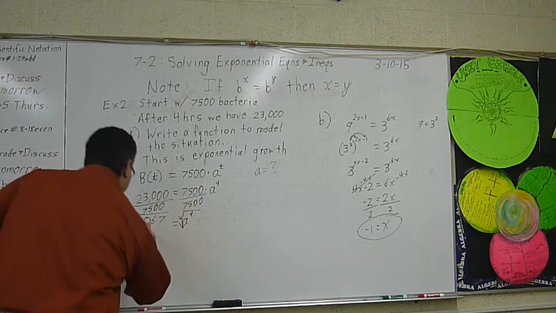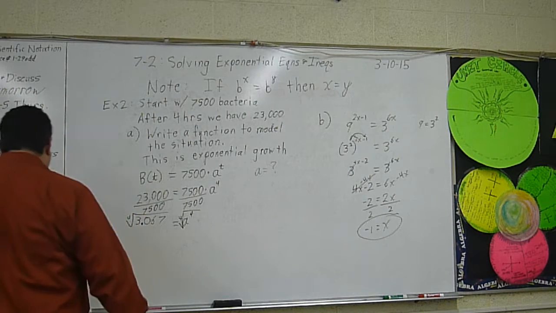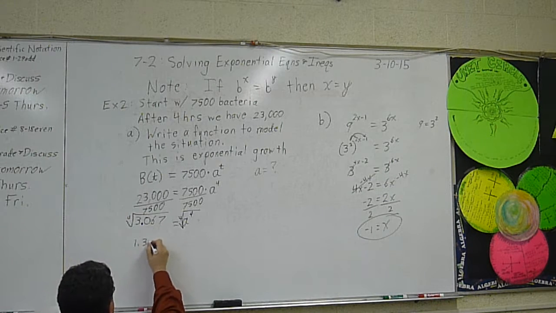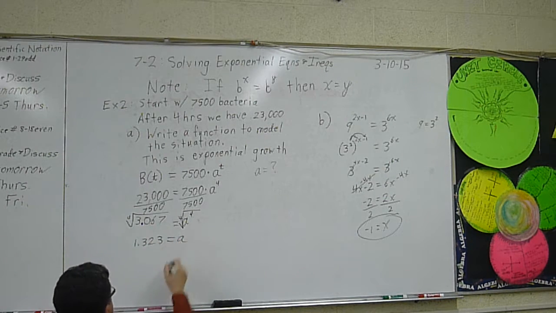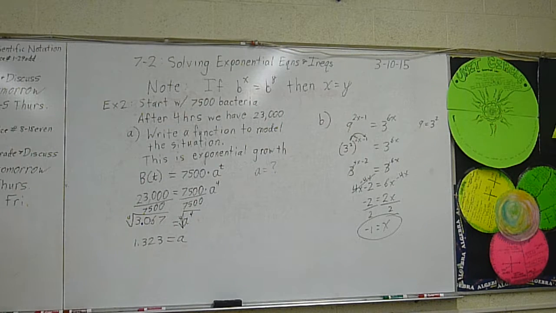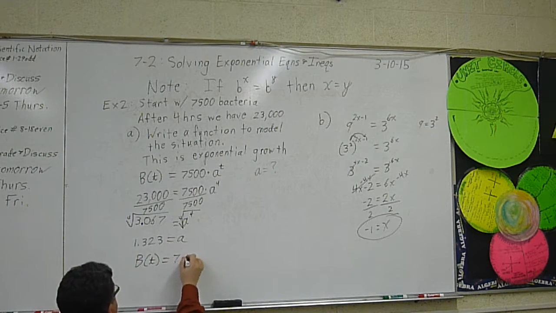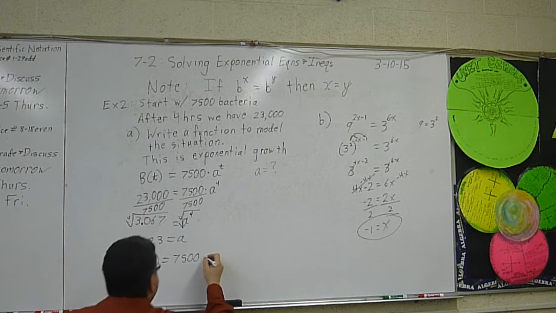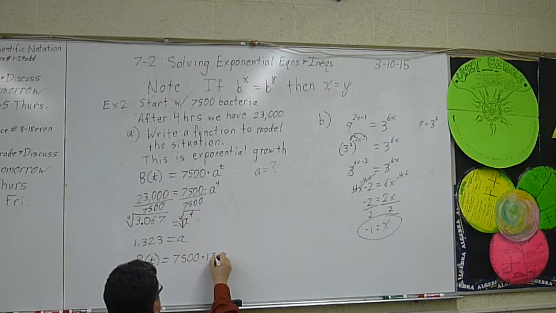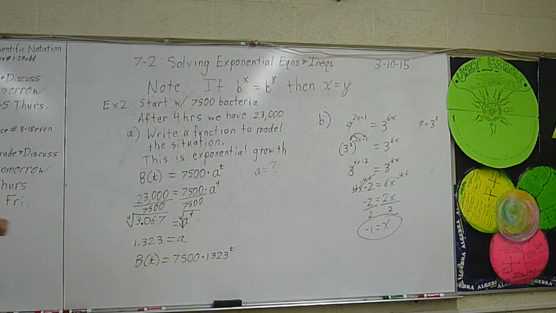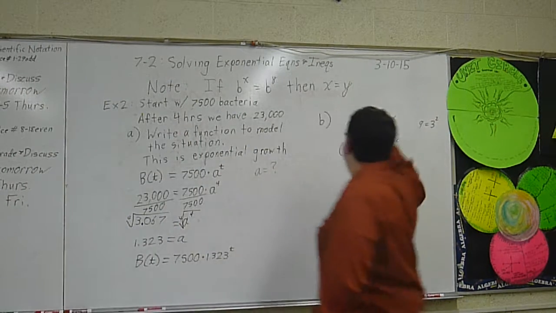So when you put this into the calculator, you get somewhere around 1.323 as our A. So then we write that B of T is equal to 7,500 times 1.323 raised to the T power. So that's our function.